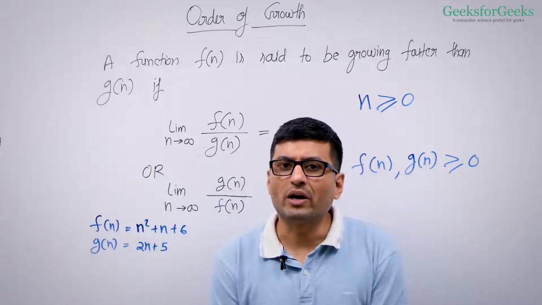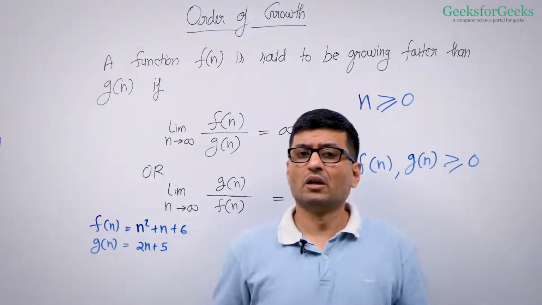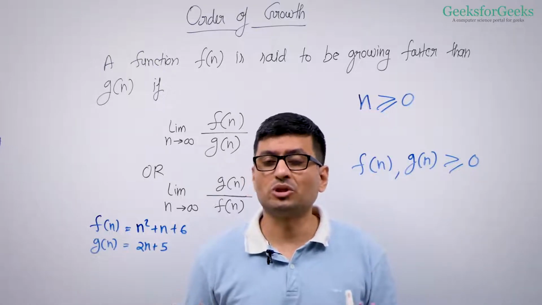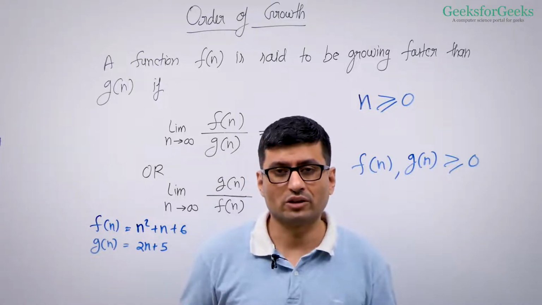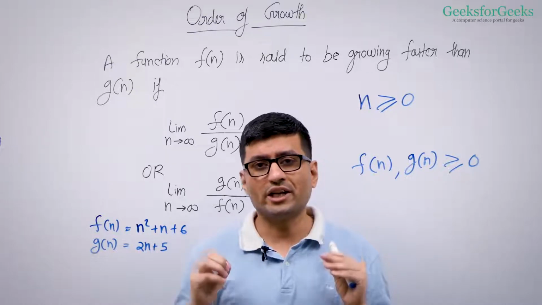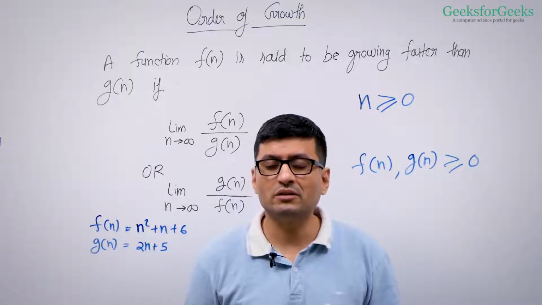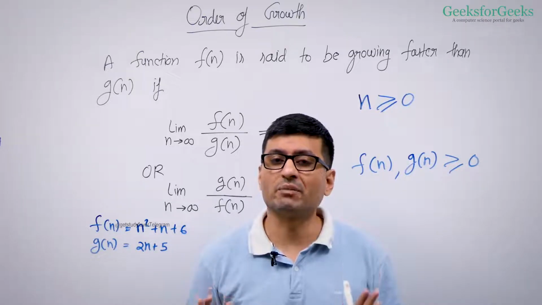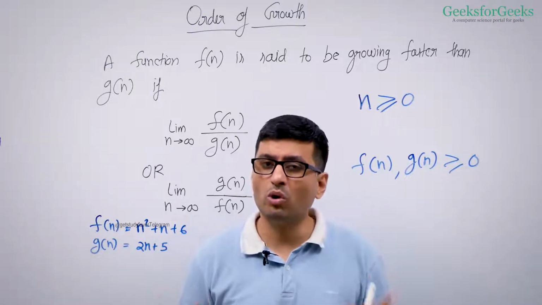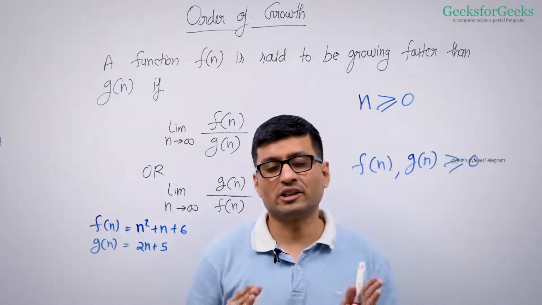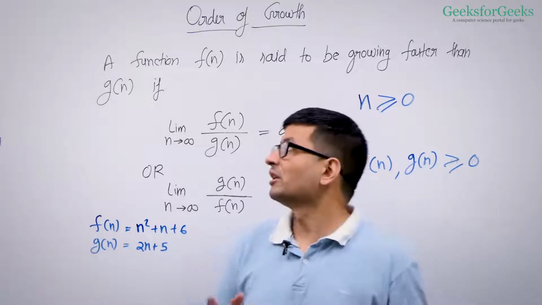Let us now talk about order of growth. Order of growth is the main criterion when we do theoretical analysis of algorithms. The idea is simple. If the order of growth of the function which represents time taken by an algorithm is more compared to another algorithm, then we say that this algorithm is a bad algorithm.